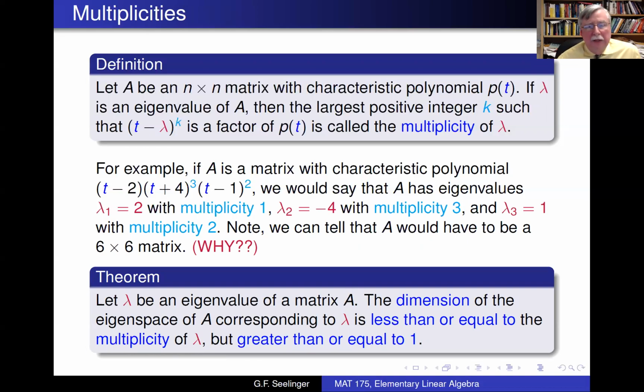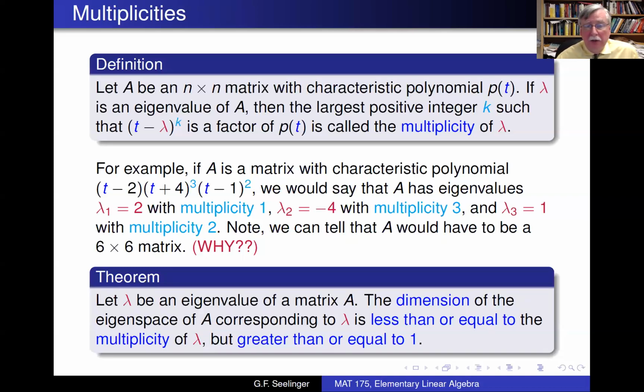So here's the theorem that helps us, at least in terms of analyzing this. If lambda is an eigenvalue of a matrix A, then the dimension of the eigenspace of A corresponding to lambda is less than or equal to the multiplicity of lambda, but greater than or equal to 1. It's got to be at least 1. So if I look at this example with lambda equals -4, the corresponding eigenspace could have dimension 1, 2, or 3, but it can't go above 3.